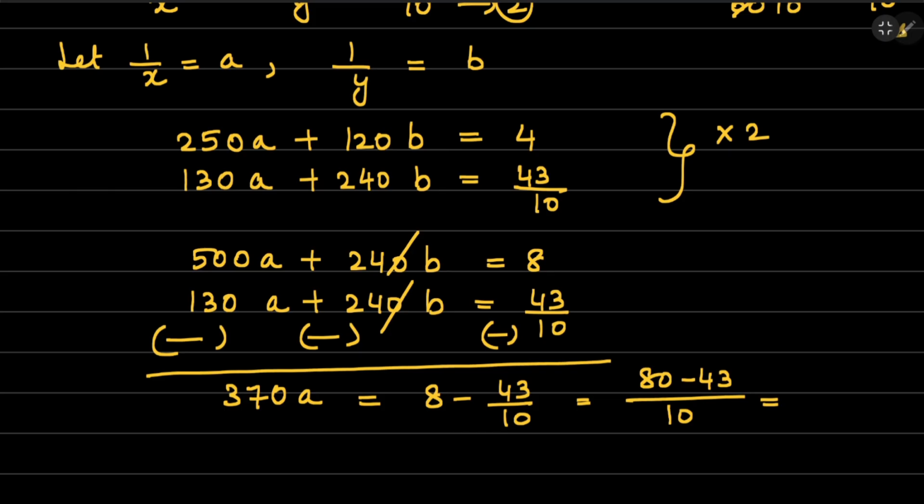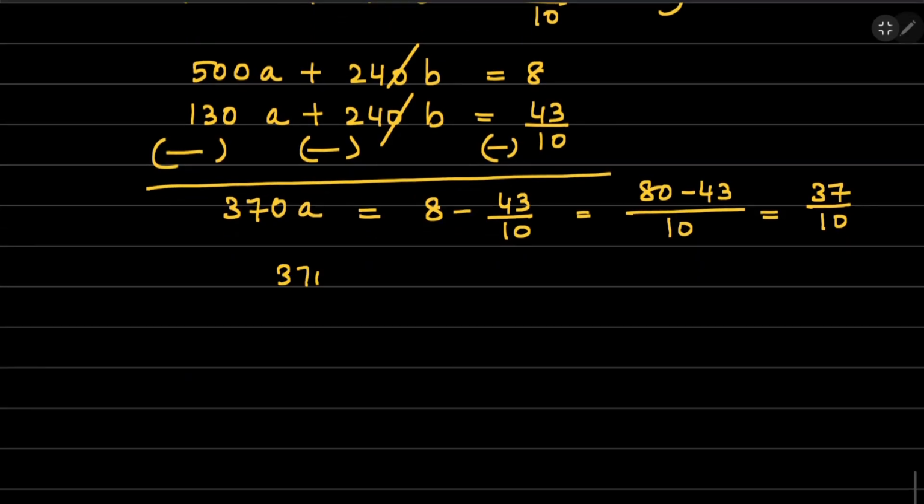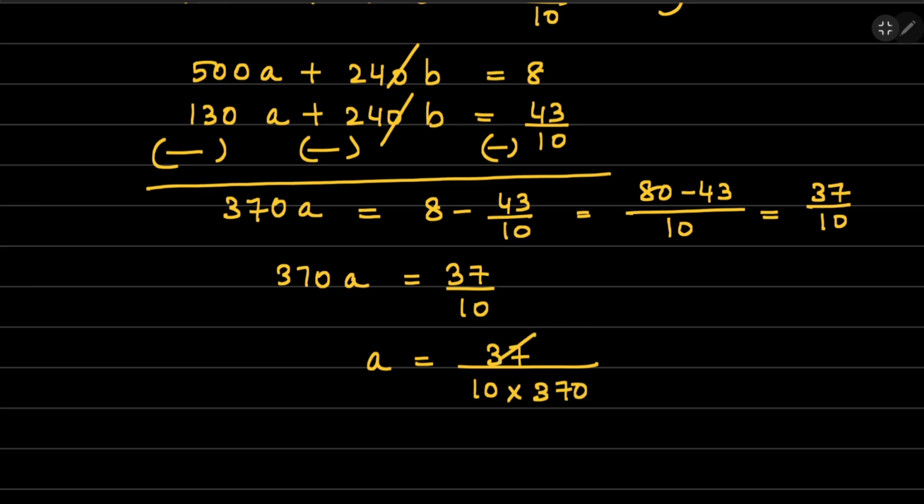What is 80 minus 43 here? 37. So here you have got 370a is equal to 37 divided by 10. What is a equal to? a will be equal to 37 divided by 10 multiplied by 370. So you are getting a is nothing but 1 by 100.